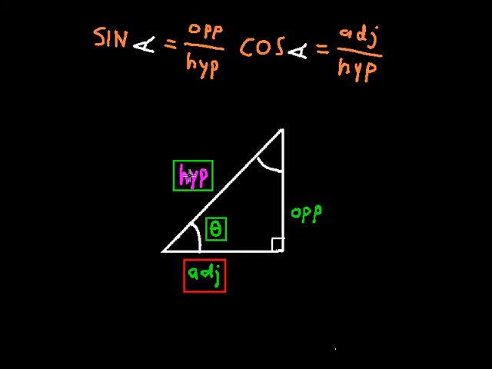Okay, and in this case we know that it concerns the hypotenuse, the adjacent, and theta. So I simply use the cosine equation because it says cos of the angle theta is adjacent over hypotenuse. Okay, so I simply substitute these into this equation.